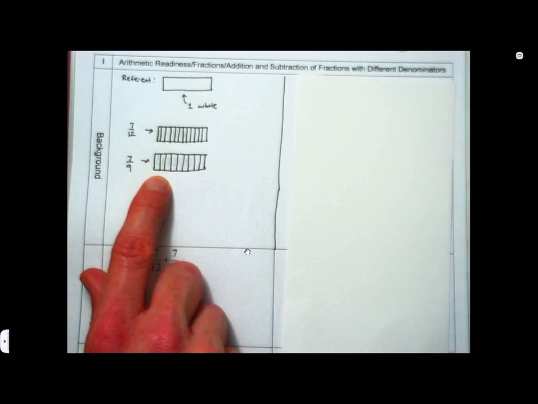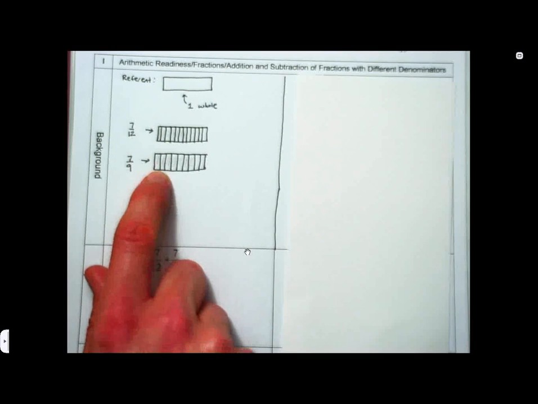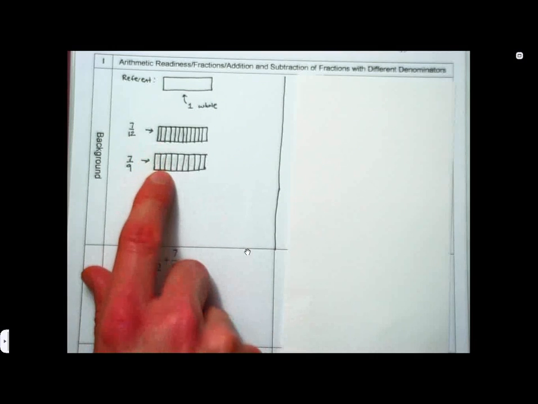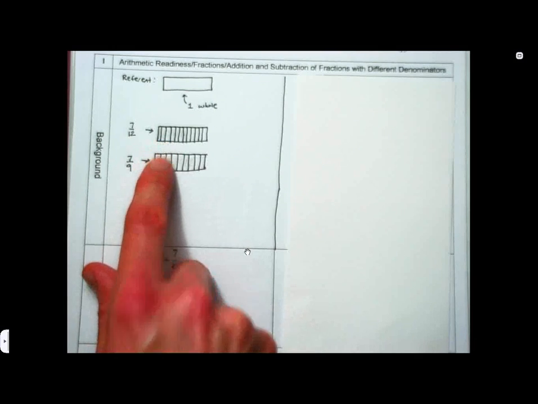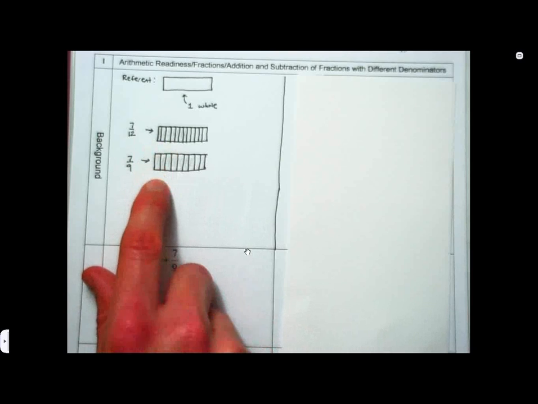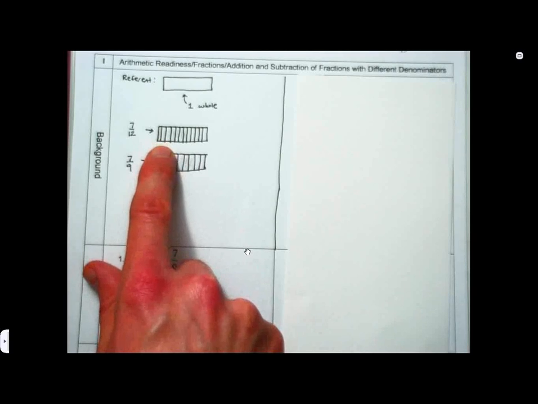So each piece in this particular rectangle could be a little bigger. That means if I look at each little individual piece, they're no longer the same size and same shape. Each one of these little rectangles is bigger in this rectangle than in this one.